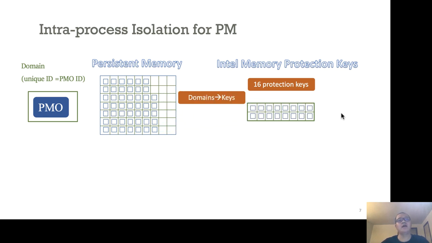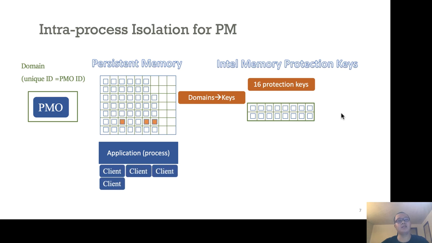However, in typical server applications, there may be many clients, where each client could be a thread, and each client may have its own private data it wants to access.